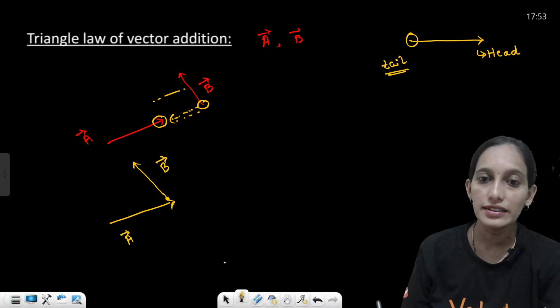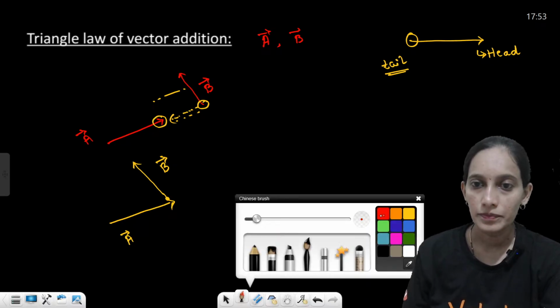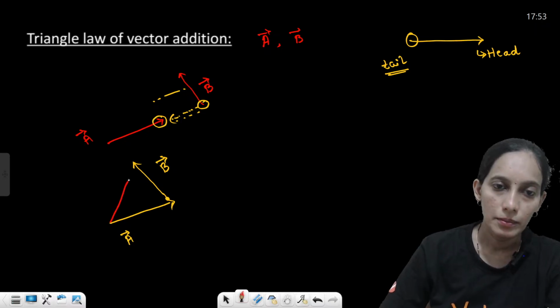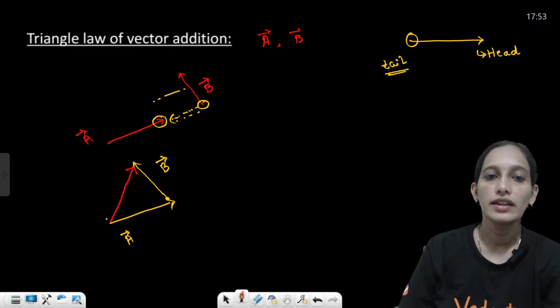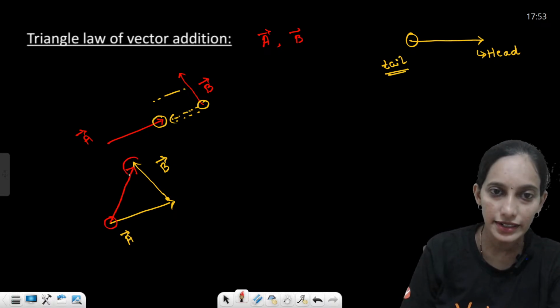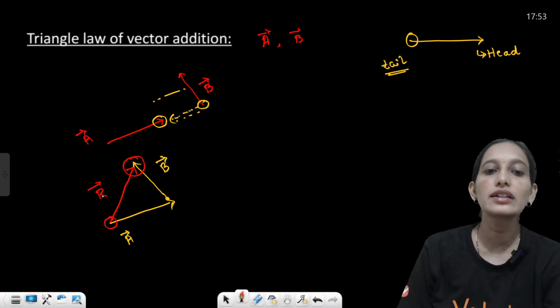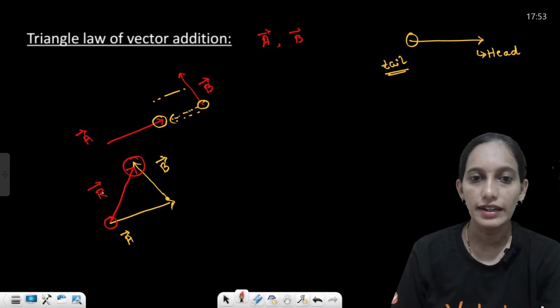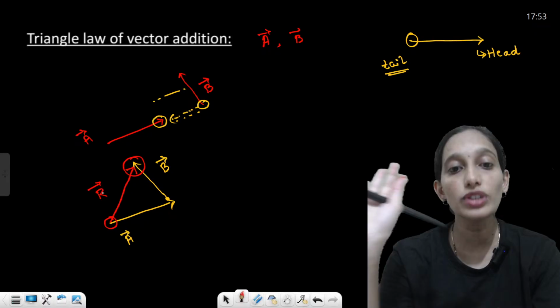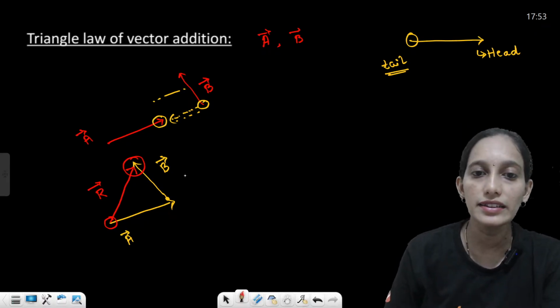Now where will the resultant of these two be? If I complete this triangle by taking the third side in the reverse order, here tail to tail coincide and here head to head coincide. So this is going to give me the resultant of the vectors. We are taking the given two vectors as the two sides of the triangle taken in the same order.